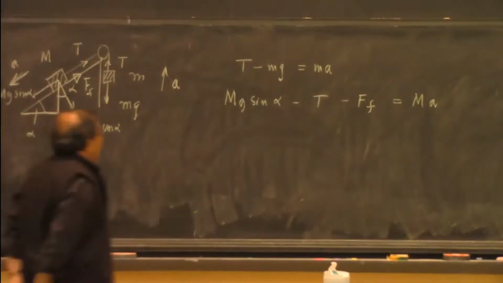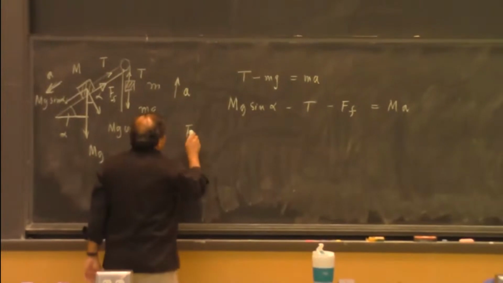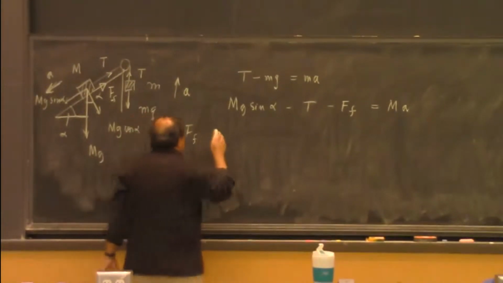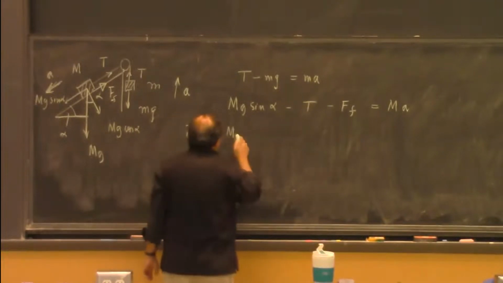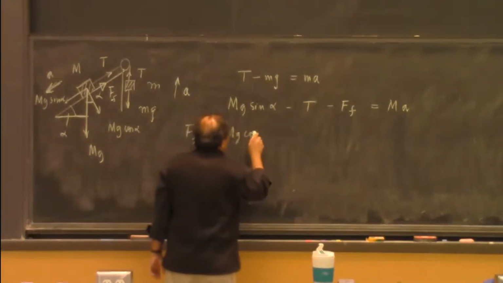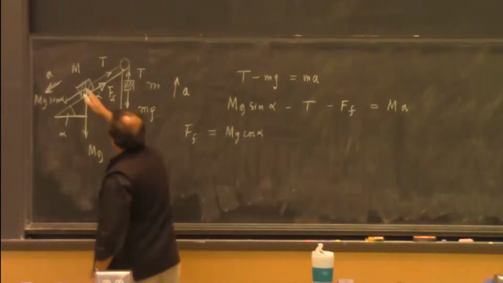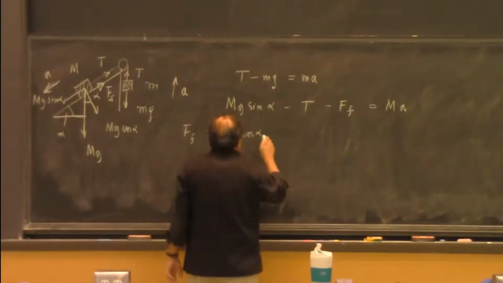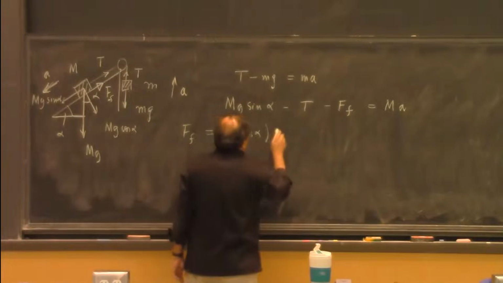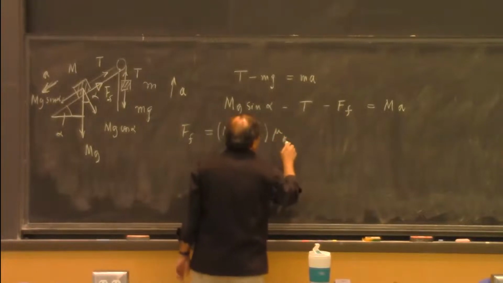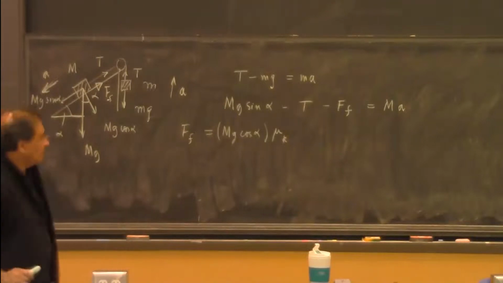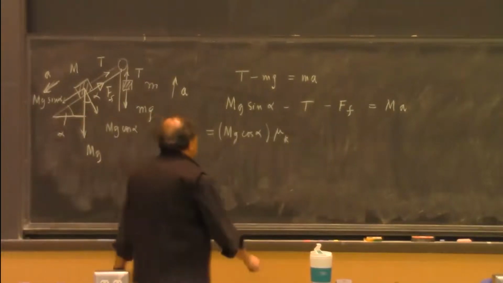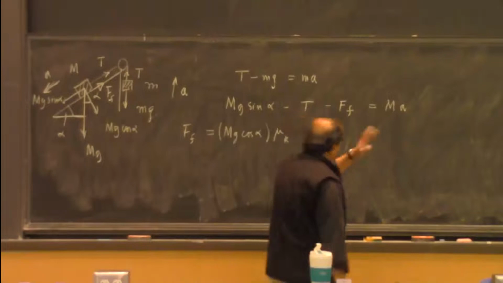Alright, so F friction, of course, doesn't change, although the direction of friction changes. The magnitude remains the same, except when you replace small mass by big mass, so it's Mg cosine of alpha, because that is the downward force, which is equal to the normal force, and you multiply this, in this case, since it's moving, by mu k. By the way, if the thing were stuck, we would have used mu s. So keep that in mind, what I had earlier.